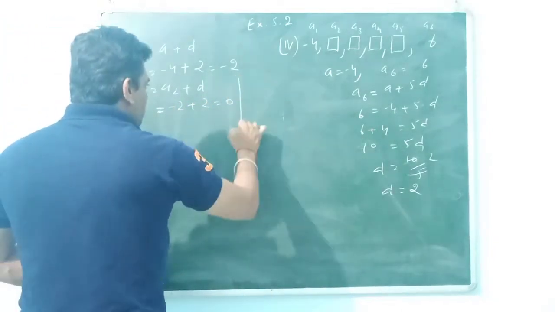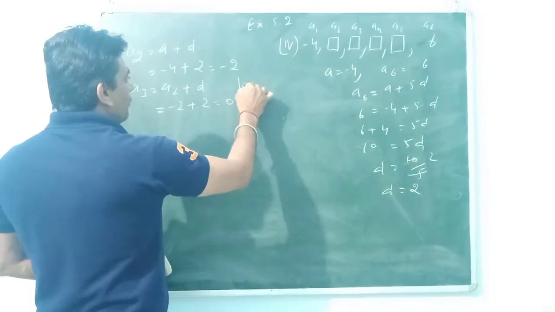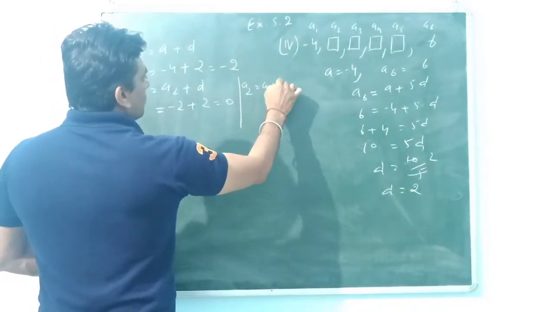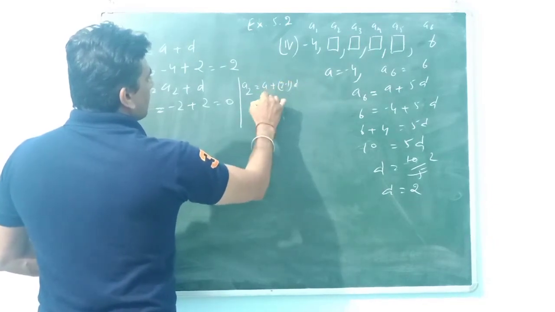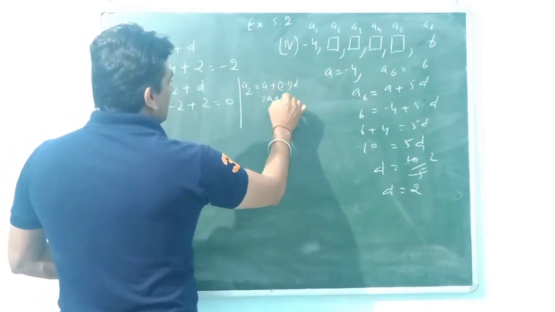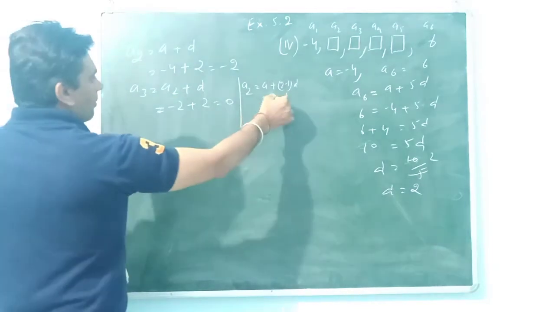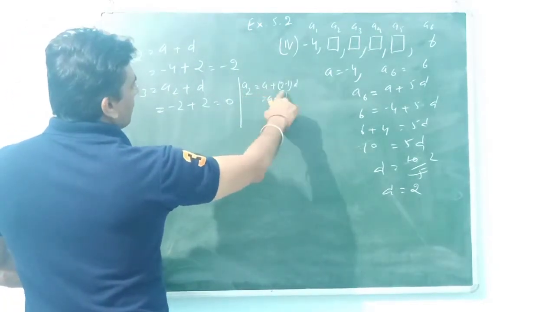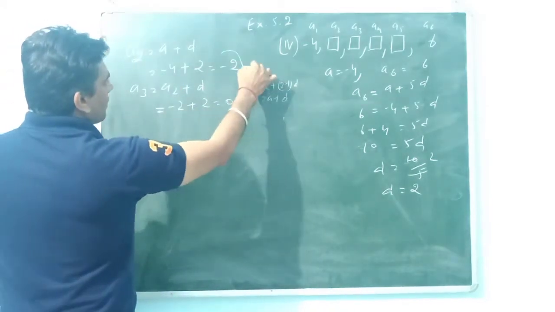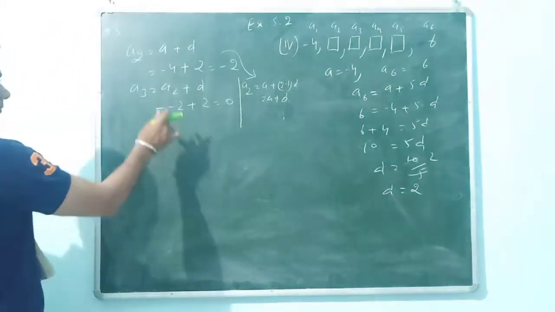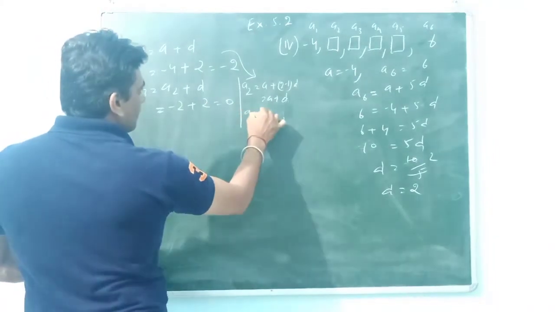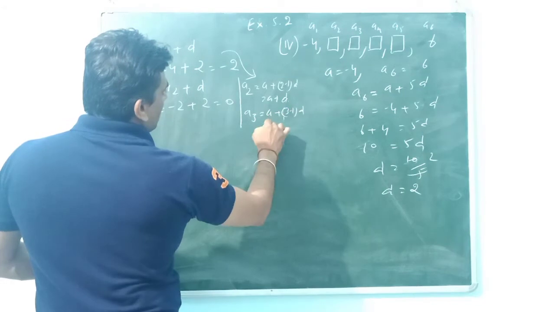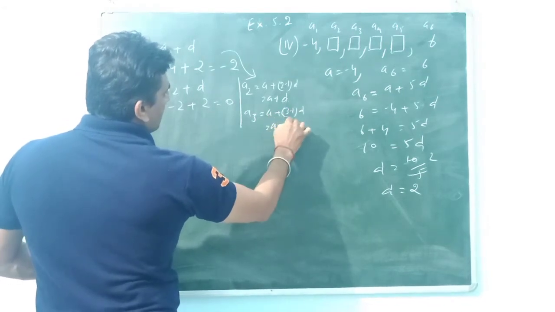This can also be calculated by using the formula of A2: A plus 2 minus 1 into D, and it becomes A plus D. And A3 is A plus 3 minus 1 into D, it becomes A plus 2D.